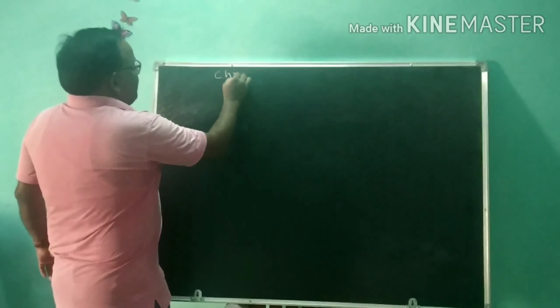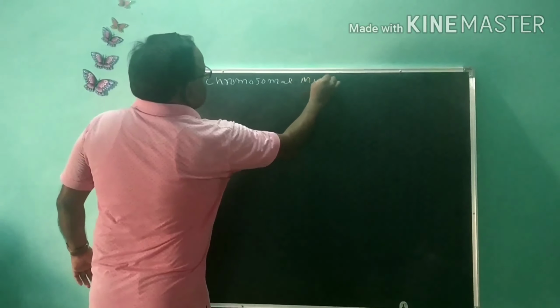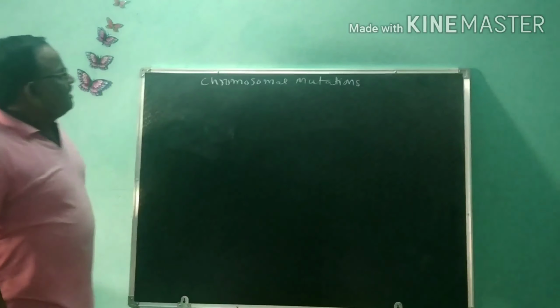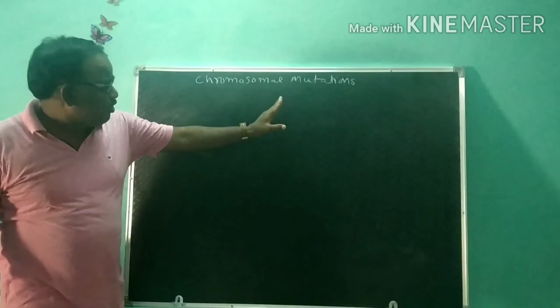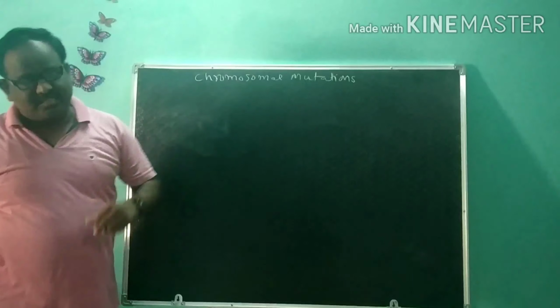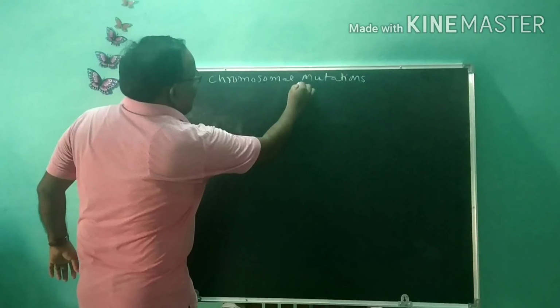Chromosomal mutations are changes in the chromosome structure or in the number of chromosomes. These are permanent changes.